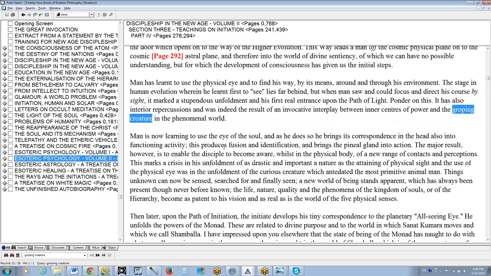Is that where we find it? Here it is. Ponder on this. It has also interior repercussions and was indeed the result of an invocative interplay between inner centers of power and the groping creature in the phenomenal world.